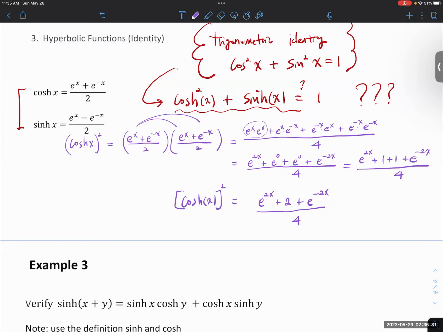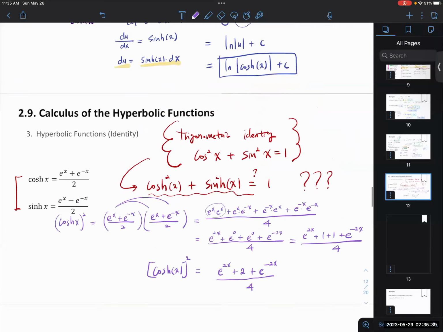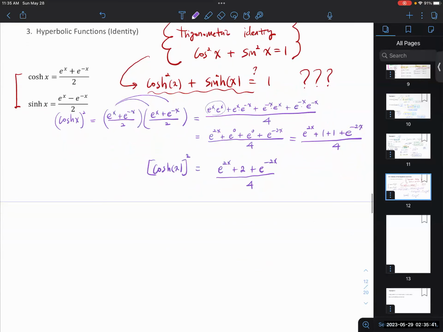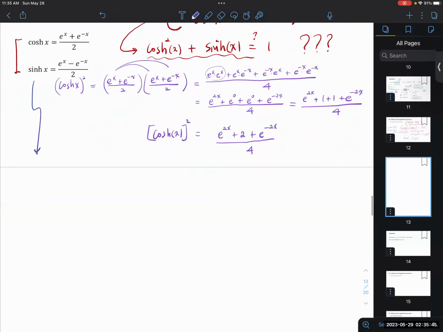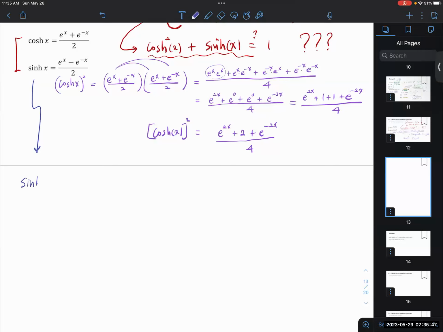And then I'm going to find out the sinh second power. So let me change the color. This one, sinh second: e to the x minus e to the negative x, you're multiplying a subtraction twice.